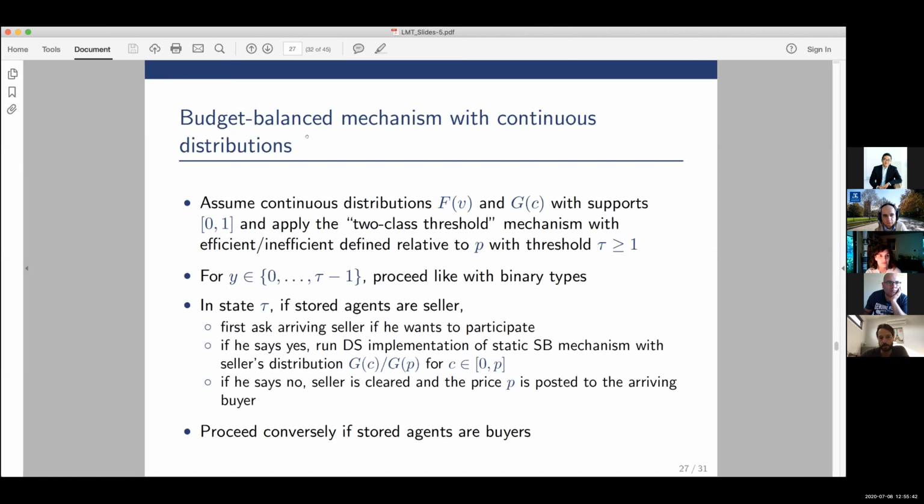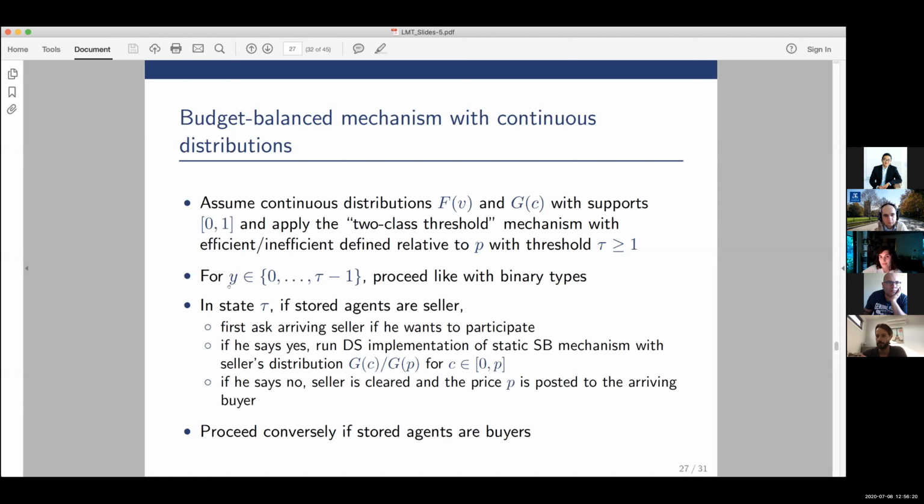And so for any state, I have a storage threshold tau. For any state y that's less than tau, I'm just going to proceed in exactly the same way as I did in the binary type setting. I just post the valuation price p and execute any available efficient trades, store efficient trades that arrive as part of a suboptimal pair of the type that I've already stored, and reject all inefficient pairs.